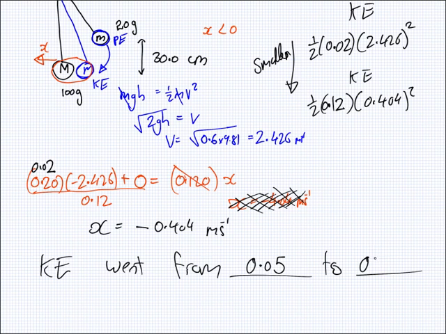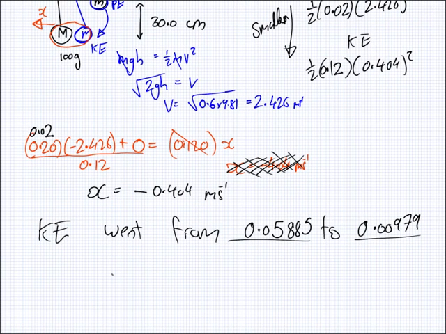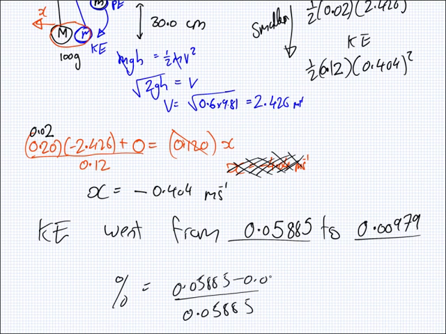Yeah, it's pretty small. And the first number was, it's a big difference. 0.5885. It's okay? Yeah, so, but they want the percentage, so we have to make it a percent. So, 0.05885 minus 0.00979 times 100.